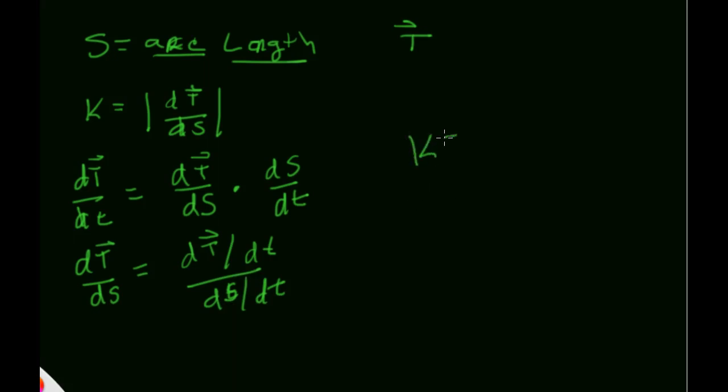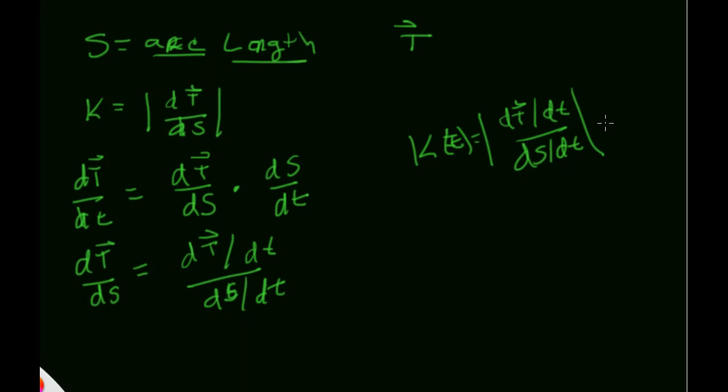So curvature, now in terms of t, can be done as dT/dt over ds/dt, and then take the magnitude of that.